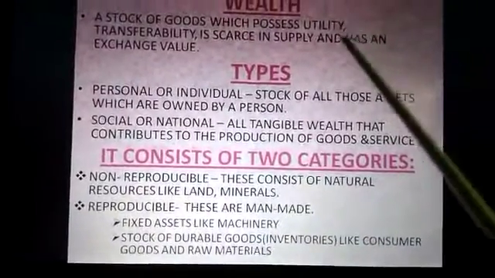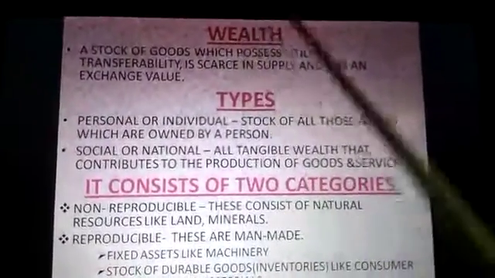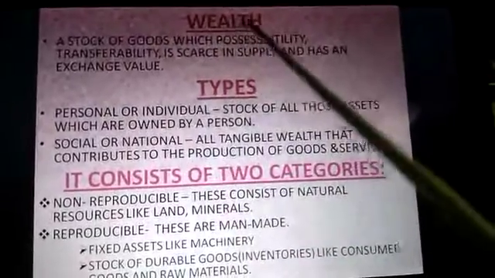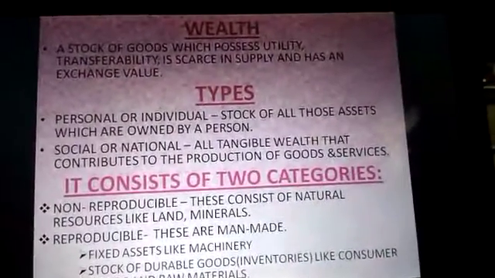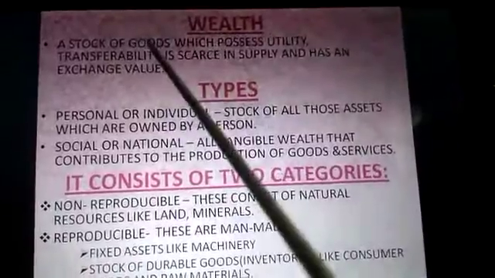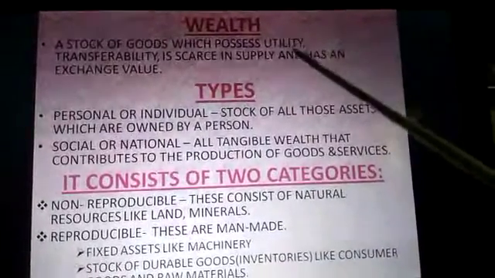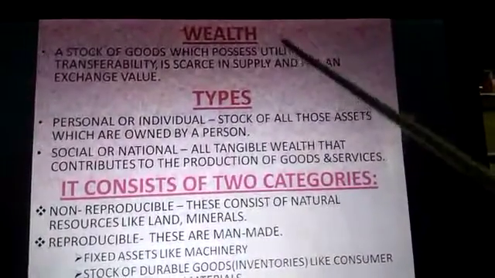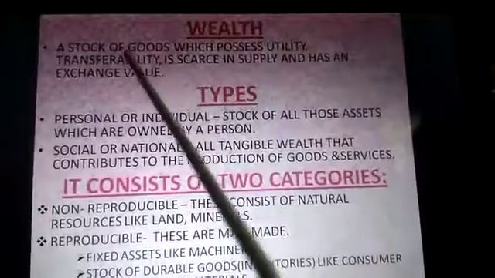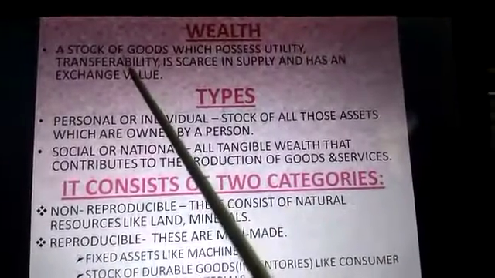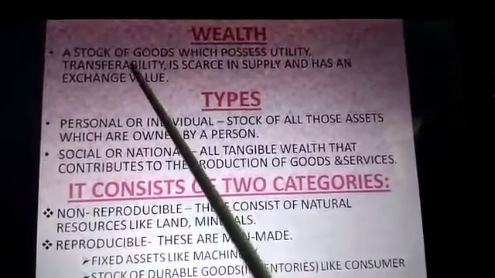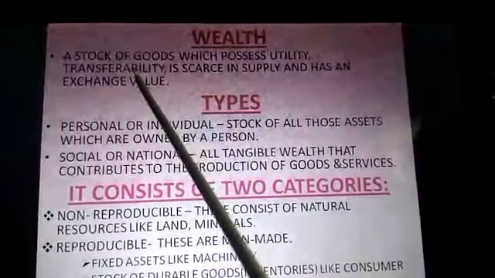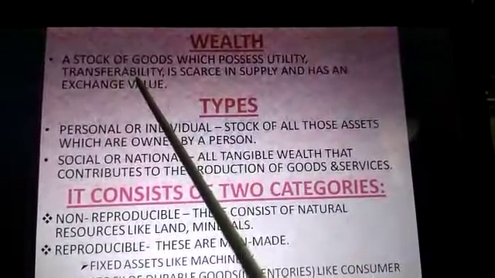Then comes wealth. Okay? Wealth is any stock of goods which a person possesses, and that stock of good must have the ability to provide him utility, satisfaction, is transferable, can be transferred from one person to another. For example, your house is in somebody's name, can easily be transferred to somebody else's name.